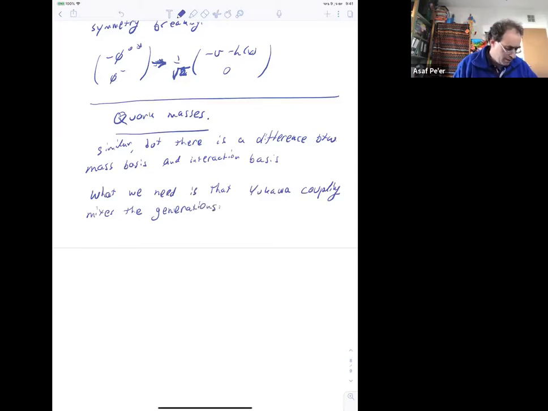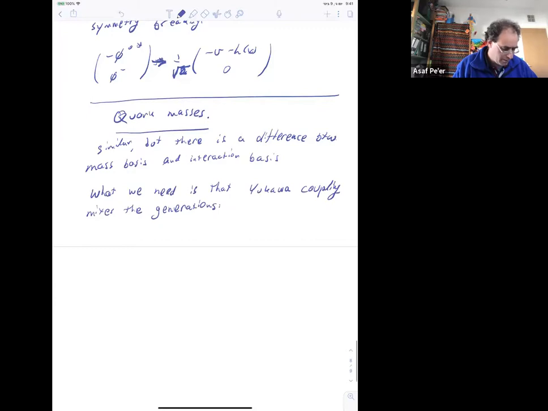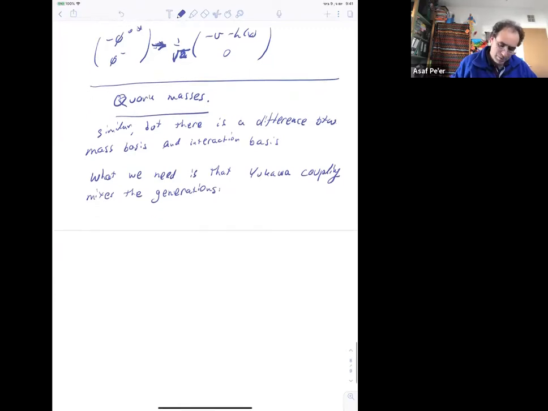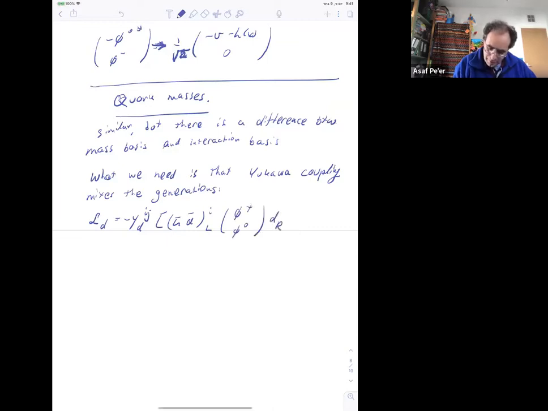So basically, in the interaction basis, we're going to get that L, let's say down, is going to be minus Y down Ij. The Ij would stand for the different generations. Then we'll have U bar, D bar, IL, phi plus phi 0, dr, but this is going to be d prime of r, j plus Hermitian conjugate.